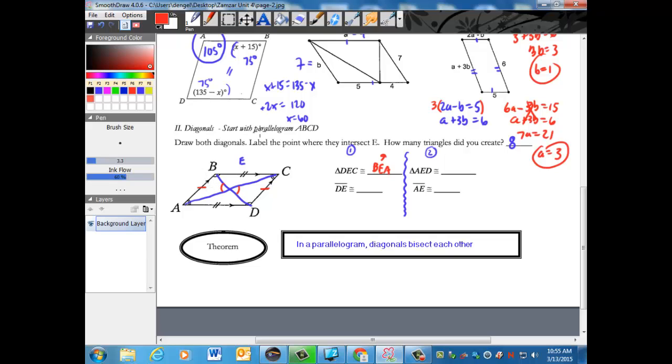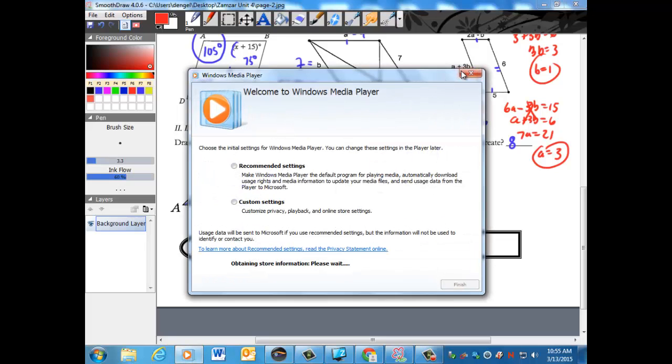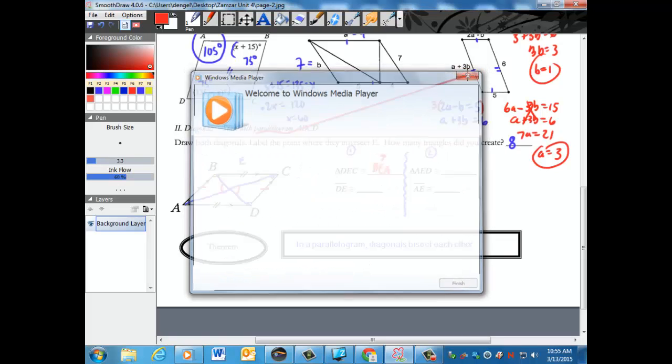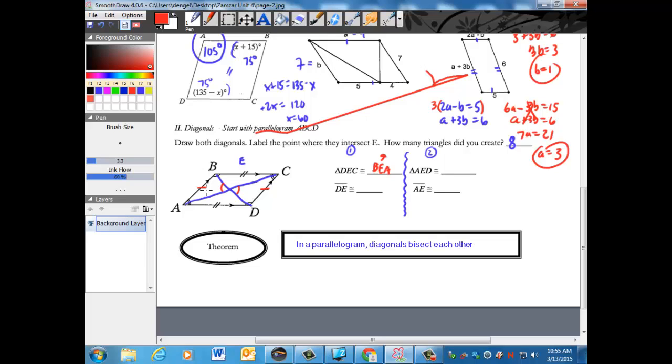Well, keep in mind we're given that the shape is a parallelogram, so we have to use that to our advantage. So the way we use that to our advantage is that these arrows, these are parallel lines cut by one transversal. That means alternate interior angles are each congruent.